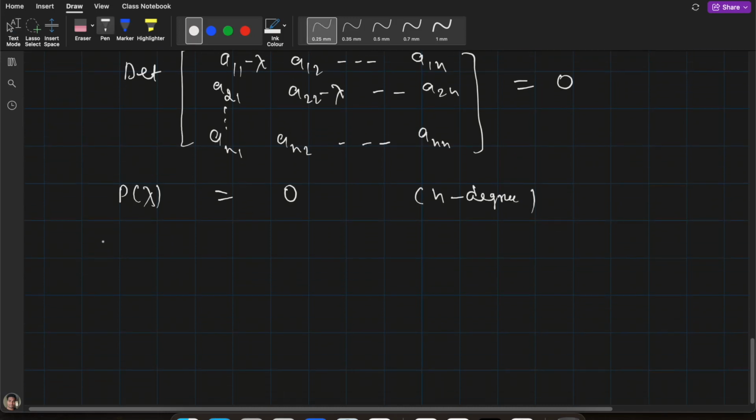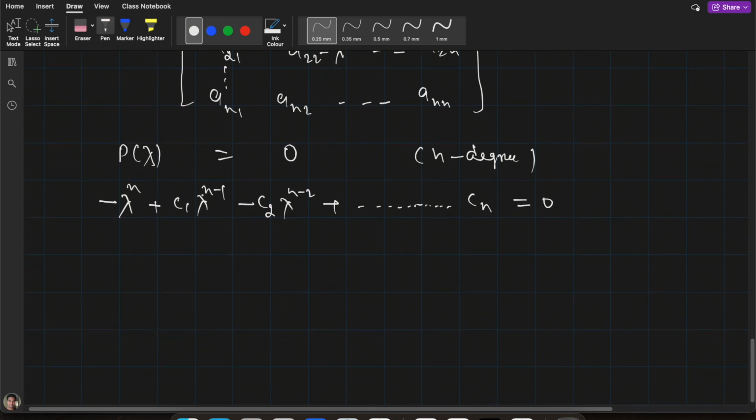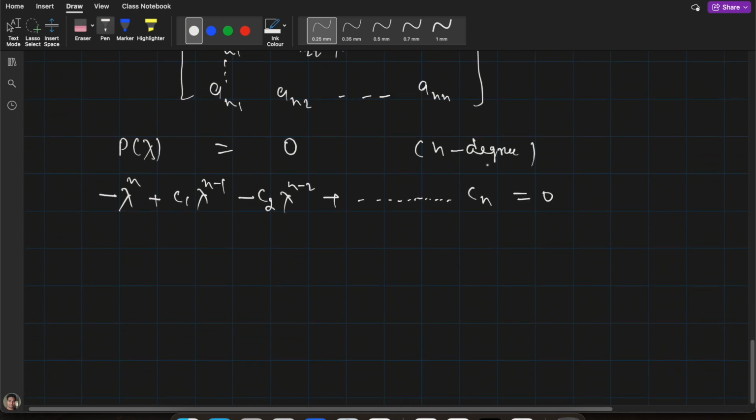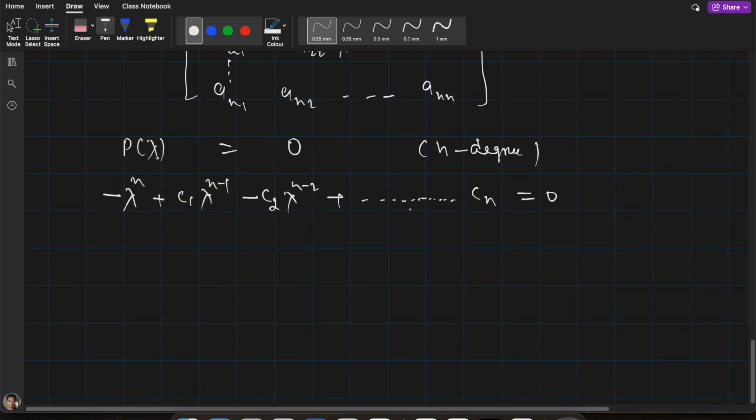It will be of the form (-lambda)^n + c1 lambda^(n-1) - c2 lambda^(n-2) plus so on, alternating, and finally cn, equal to 0. So when you find the determinant of this matrix, you will get a polynomial of degree n. Now the question is, what are c1, c2, c3 and so on?